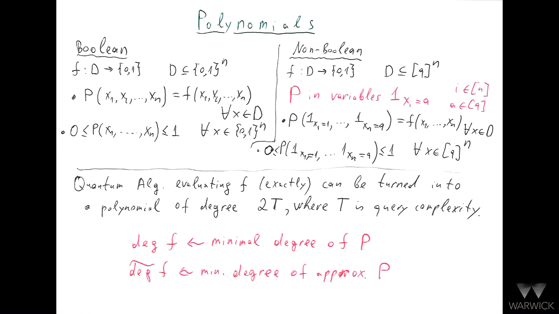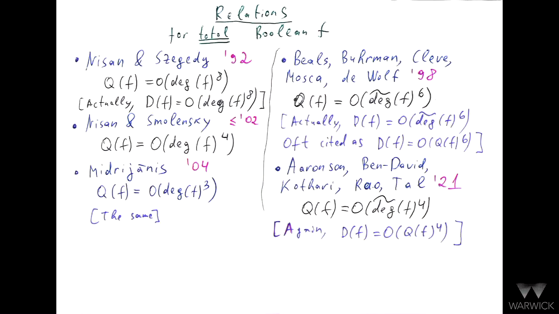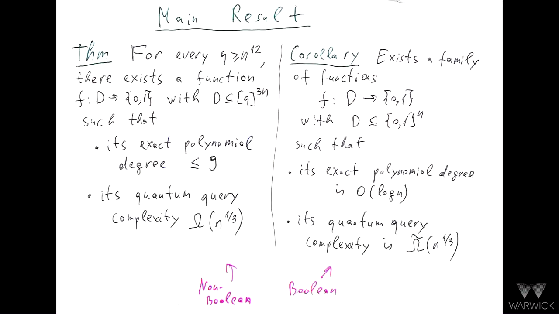How are we going to proceed from this point? We're first obtaining the main result, so we're actually getting a separation.